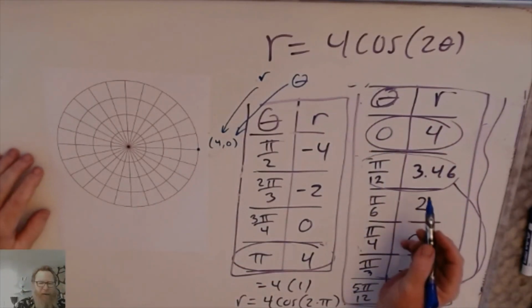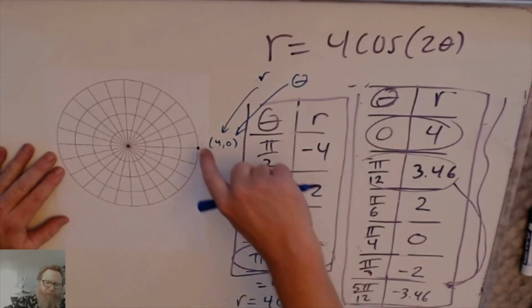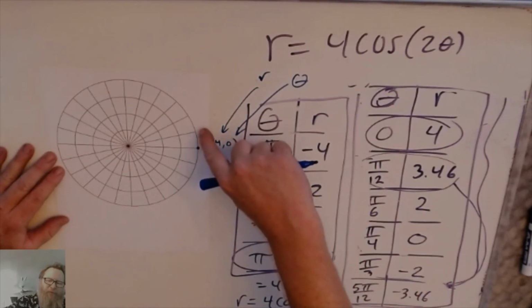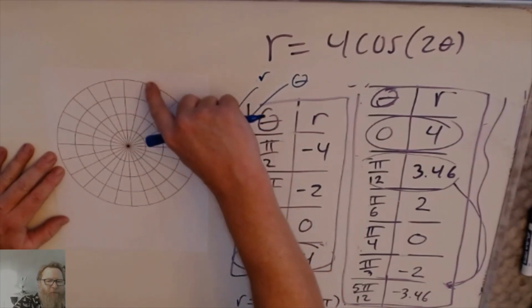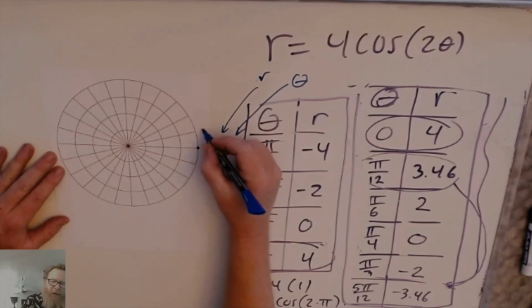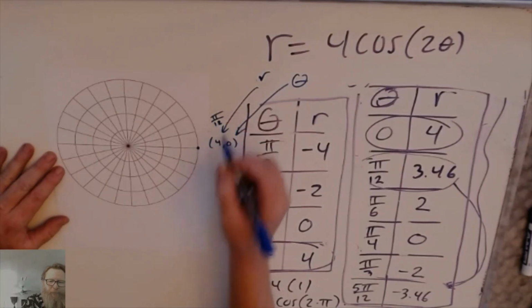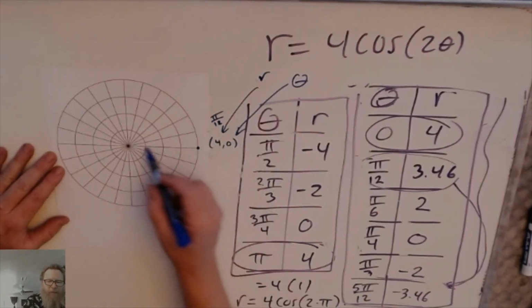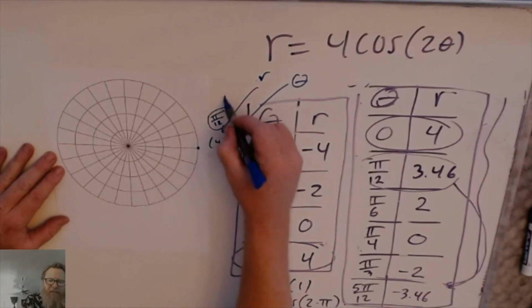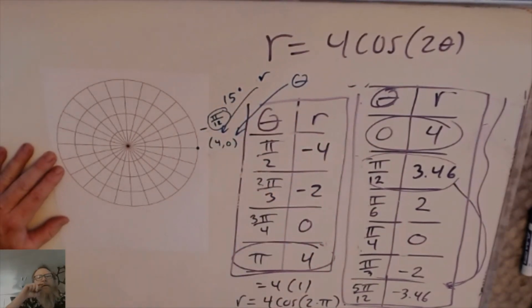All right, pi over 12. Let's see, what are these divided into? This is 1, 2, 3, 4, 5, 6. So this is pi over 12. Yeah, right here. This angle right here is pi over 12. It's 15 degrees. Right there is pi over 12.